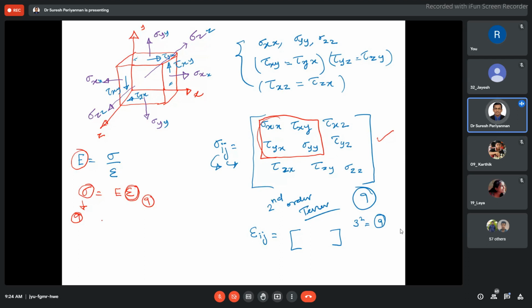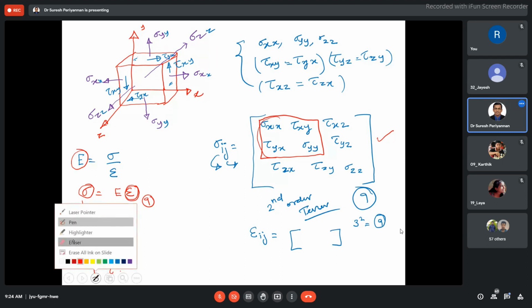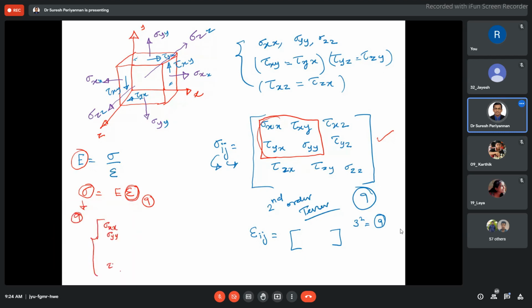In terms of a column matrix: sigma xx, sigma yy, then up to tau xz. In between, other components will come. This is 9 cross 1, row into column.